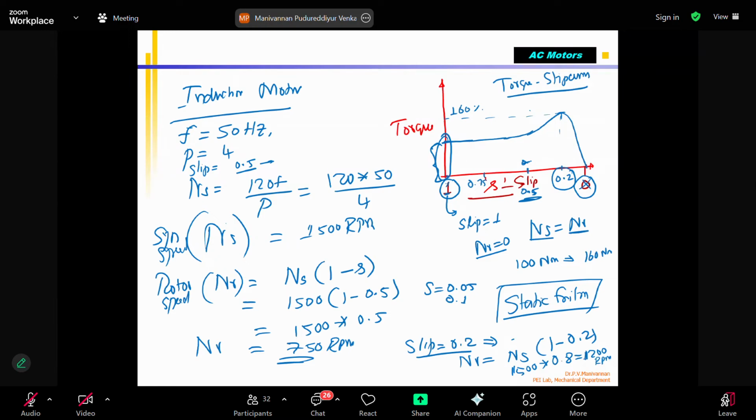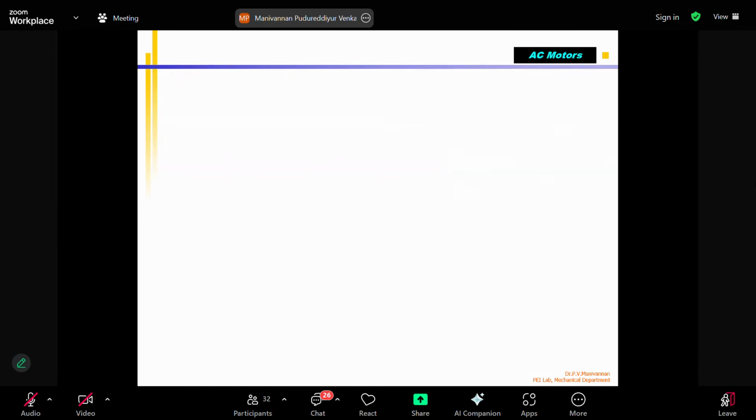And then another thing we already talked about is the slip speed. Correct? Slip speed is going to be NS minus NR divided by NS.